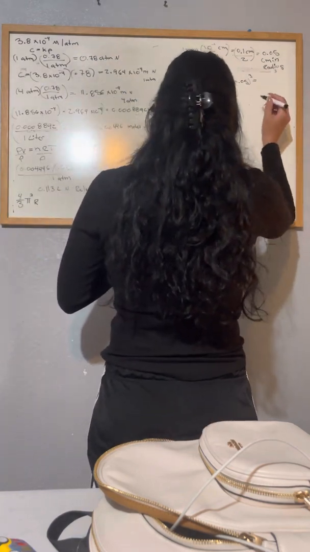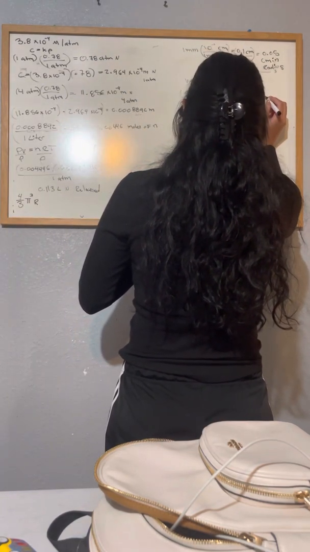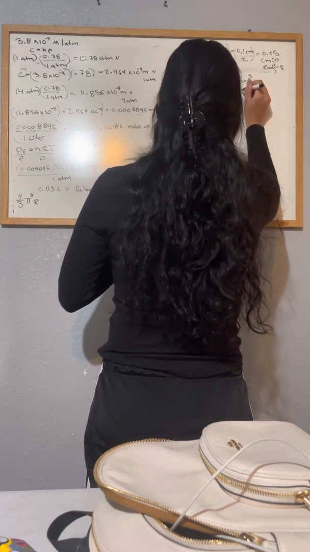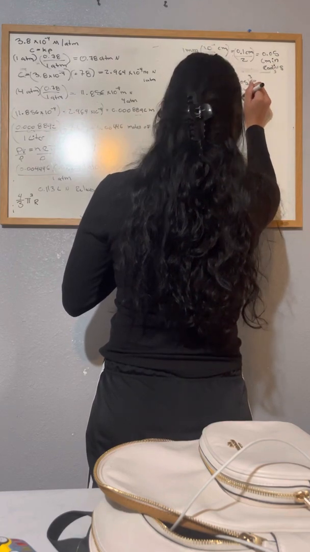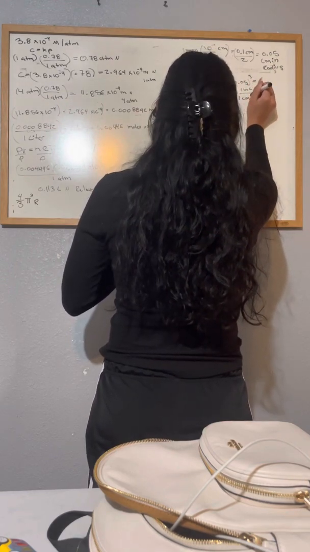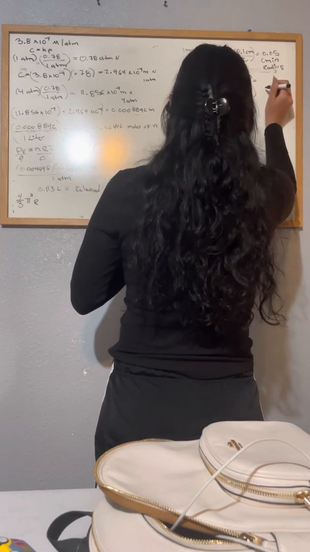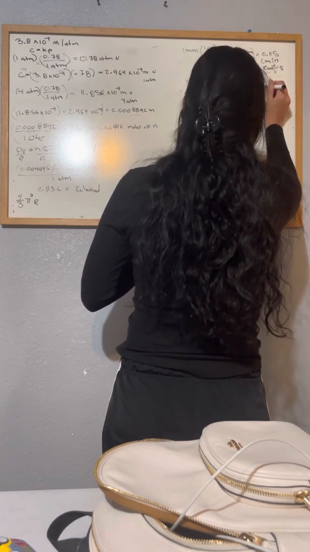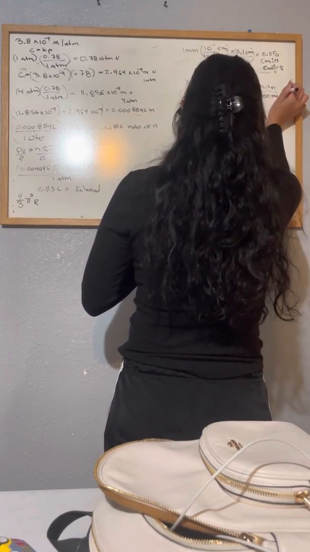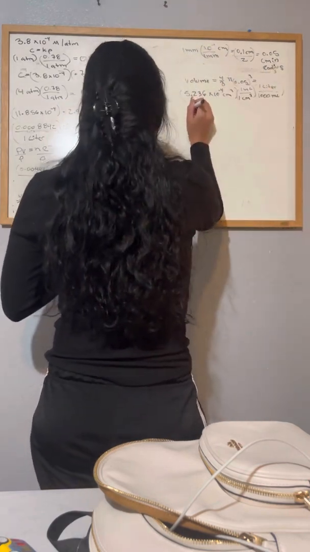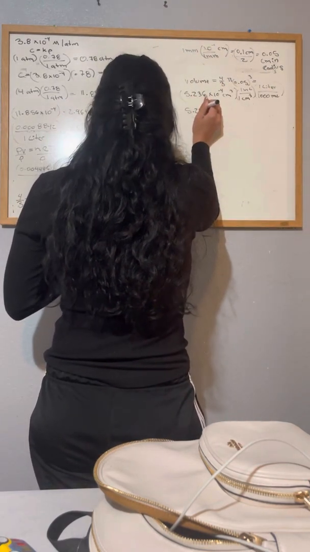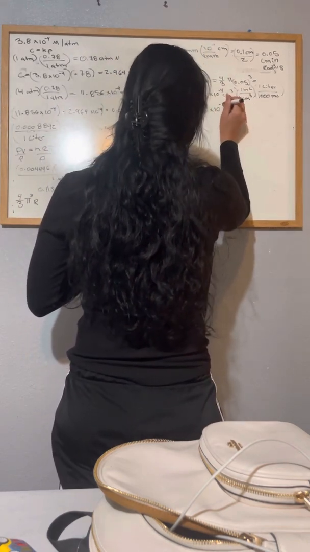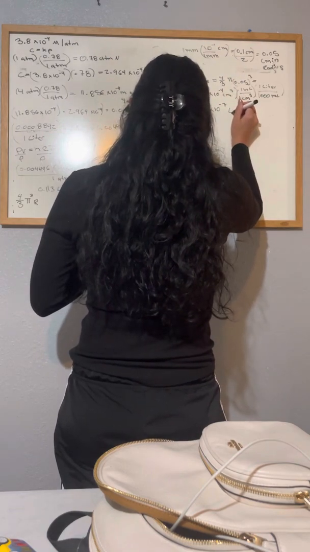Now we're going to convert this to liters. So we're going to put 1 milliliter, 1 cubic centimeter. And there is 1,000 milliliters in 1 liter. Okay, so we have 5.236 times 10 to the negative 7 liters.